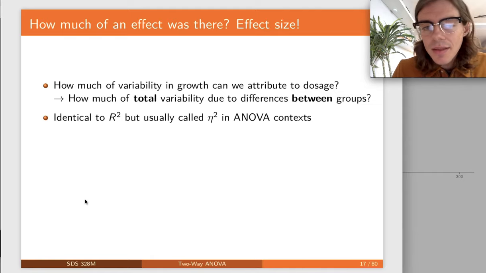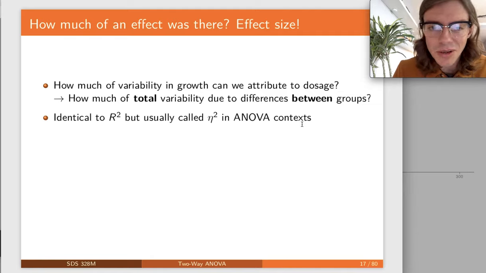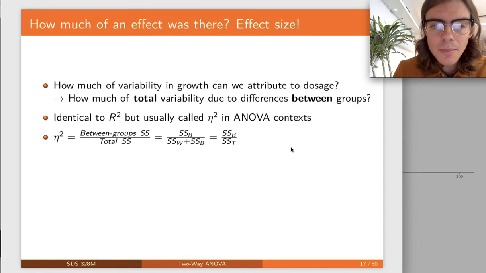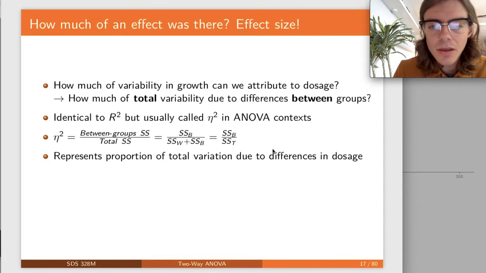And this is identical to an R squared in a regression situation. But you might hear it called eta squared, and that's just the Greek letter eta, lowercase. In ANOVA, for whatever reason, people like to call it eta squared. But R squared is the same thing. Cool. So we can compute that.